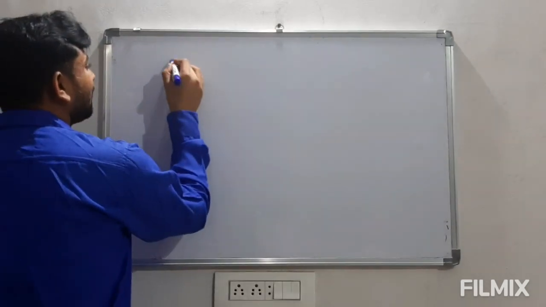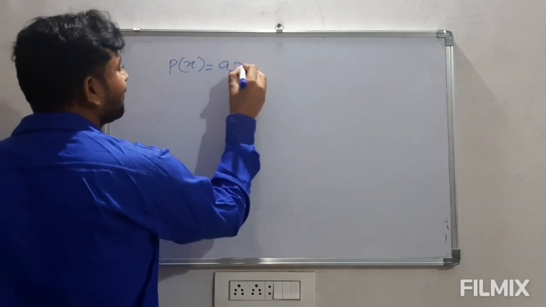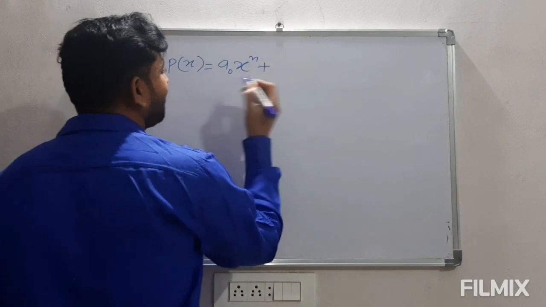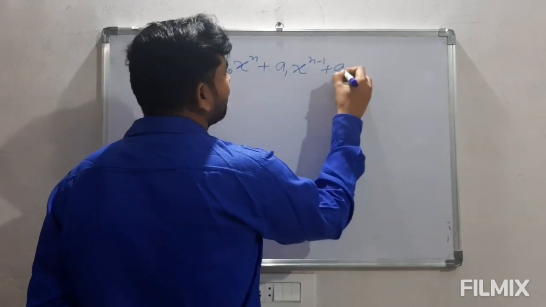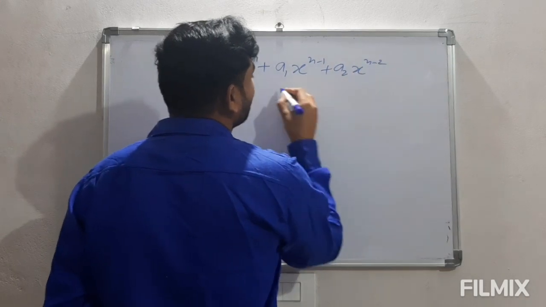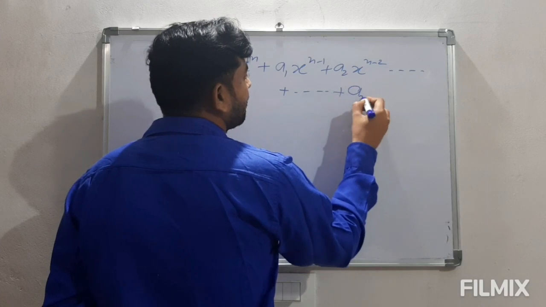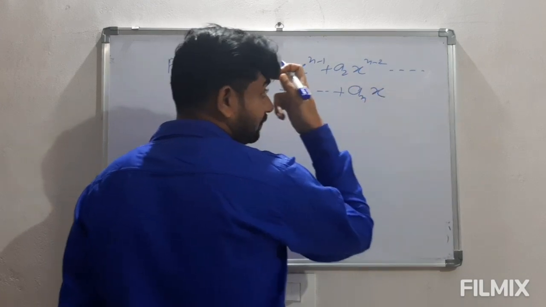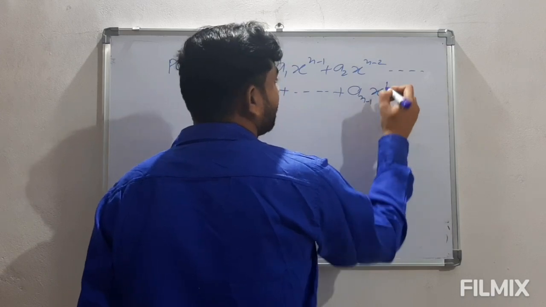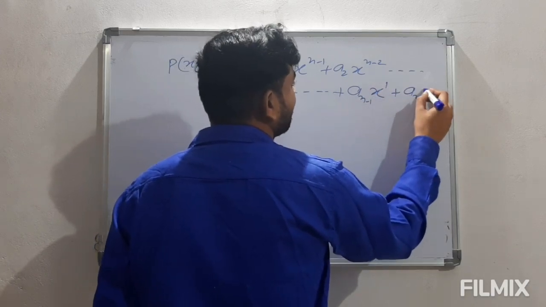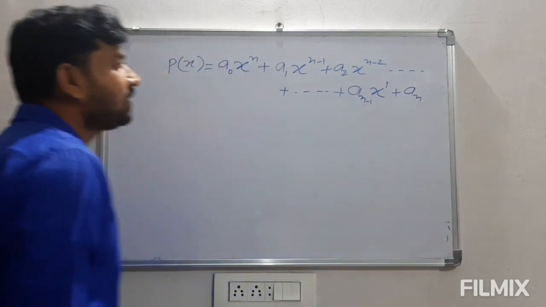represented like this, if I use only one variable, it can be something like a0 x power n, a1 x power n minus 1, a2 x power n minus 2, and so on, up to a(n-1) x power 1 and then an x power 0, that is 1, we can write it this way.